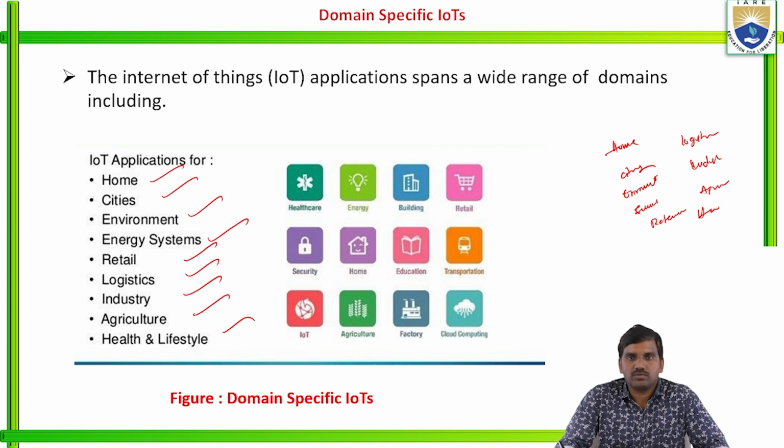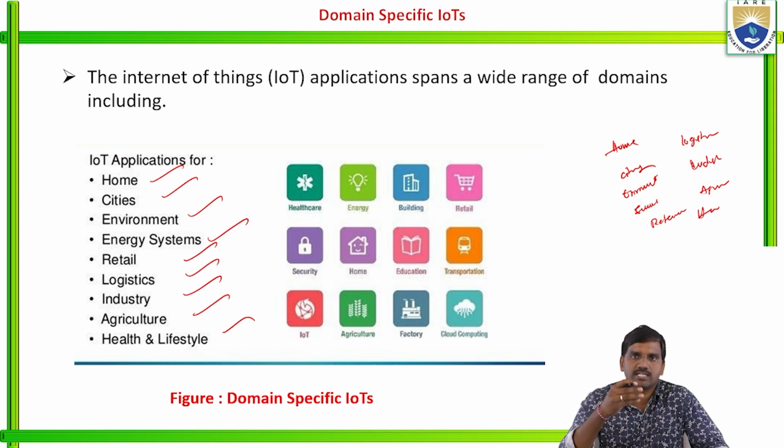Industry, in order to measure the life cycle of big machines available in the industry, has 10 types of applications. The agriculture domain, like smart irrigation system and soil monitoring system, has three to five applications.